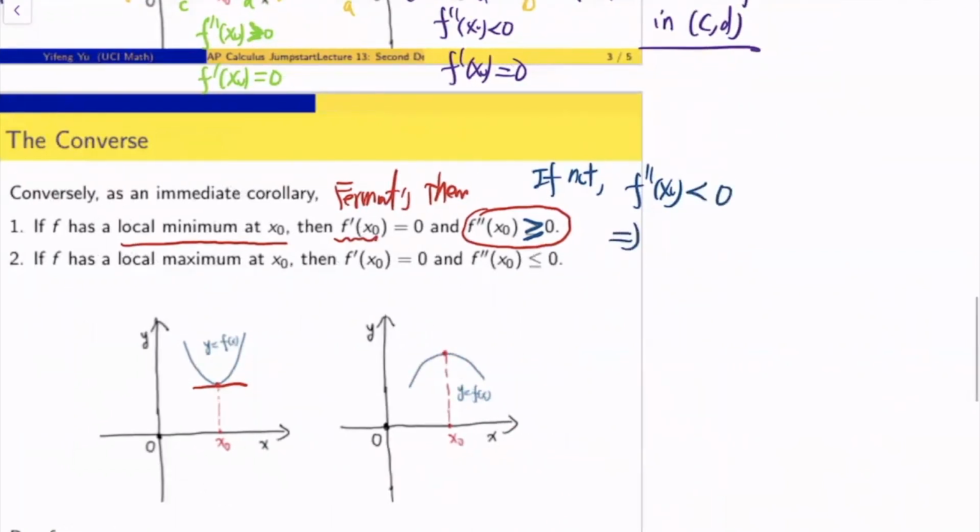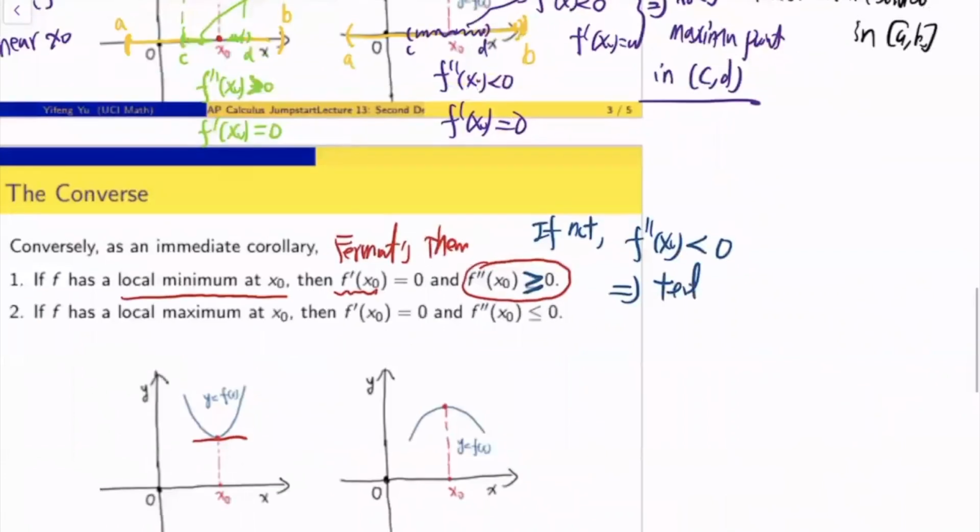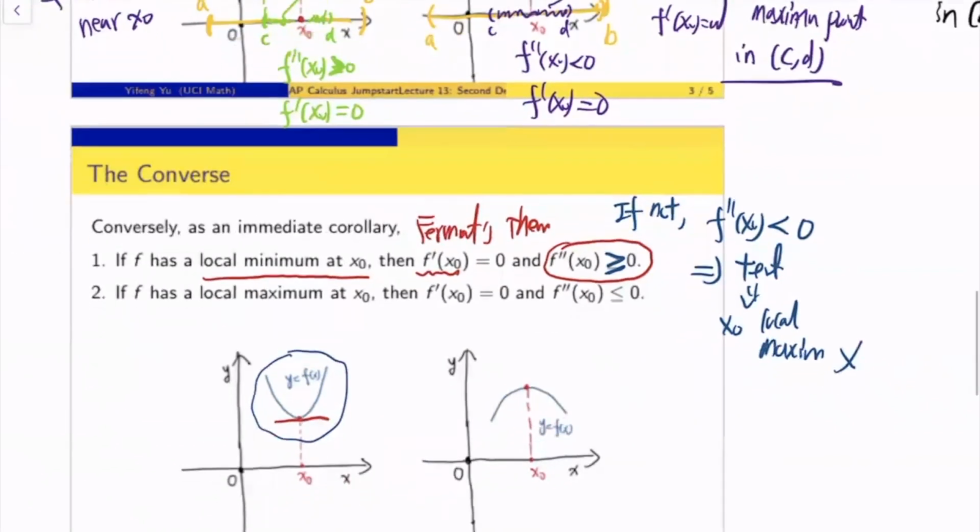But then by the test, x0 would be a local maximum, which is impossible because we already know it is a local minimum. Similarly, if I know the function has a local maximum, then again by Fermat's theorem, it has to be a critical point, and by the test, the second derivative has to be less than or equal to 0.